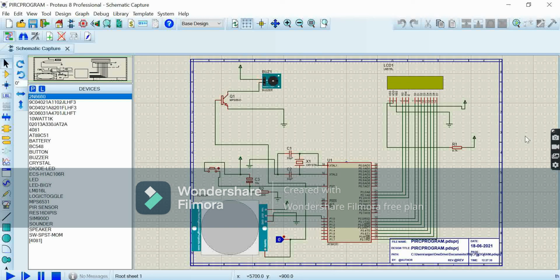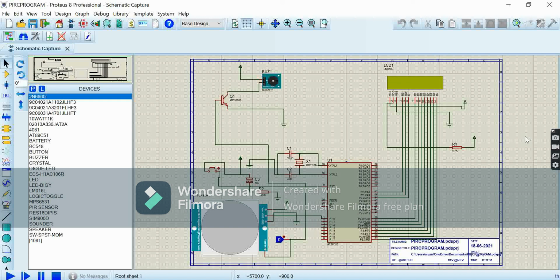The inputs D0 to D7 are connected to port 3 respectively, from port 3/0th pin to port 3 7th pin. We also have a buzzer, which is connected from the sensor to an NPN transistor, where one pin is grounded and the other pin reaches the buzzer, and a power supply of 5 volt is given.